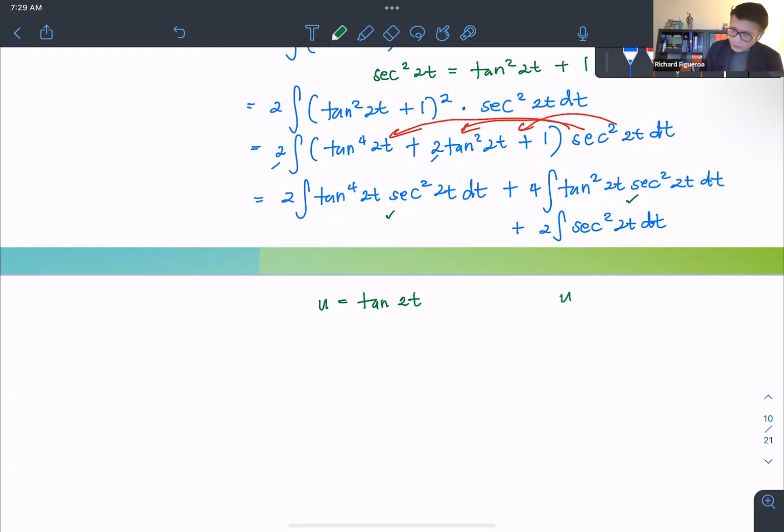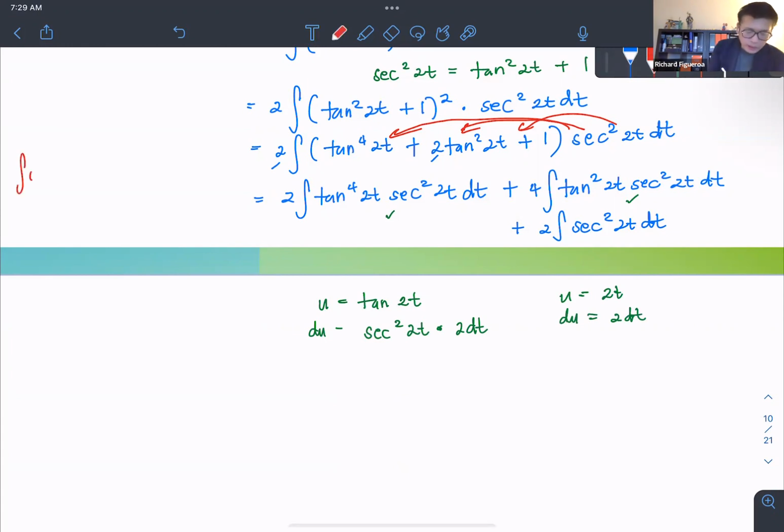But for the last term, this is secant squared 2t, just a single trig function, and there is an integral for secant squared. So our u is just 2t. The derivative of tangent 2t is secant squared 2t, and the derivative of 2t is 2 dt, so du will be 2 dt.